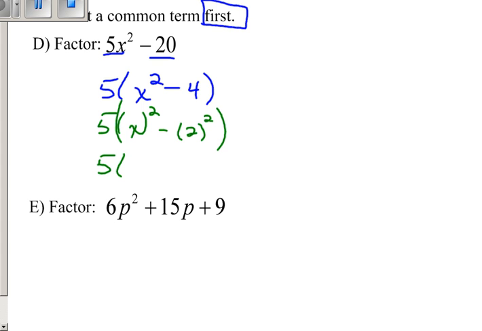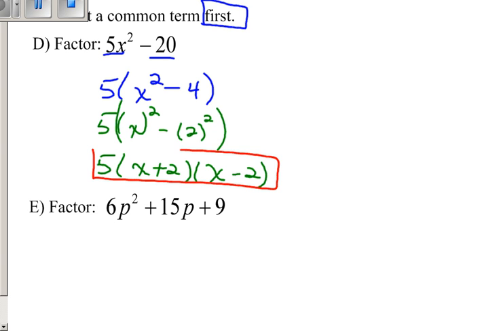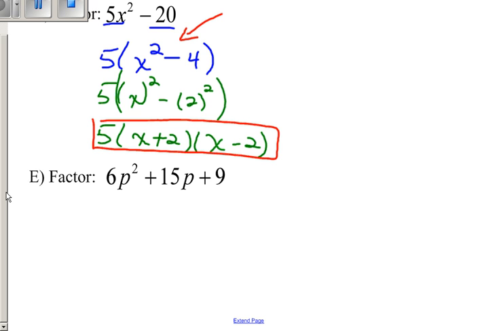So I can then say that this is x plus 2, x minus 2, and that's my final answer. Again, I can always FOIL to check, but that's my answer. And I notice that this is a difference of 2 squares.